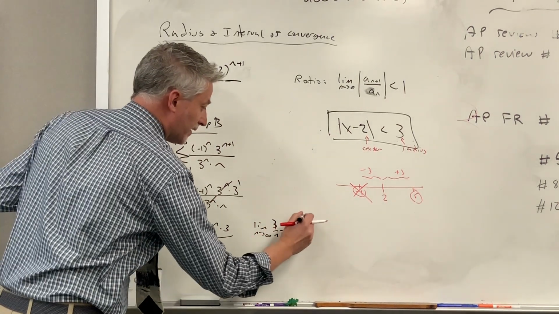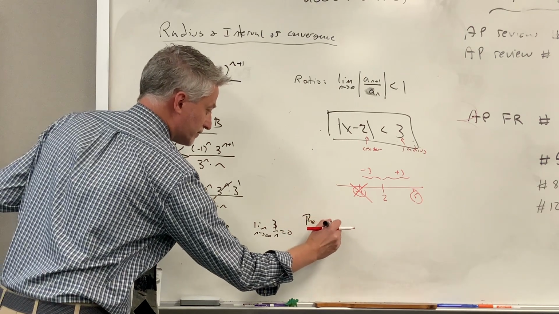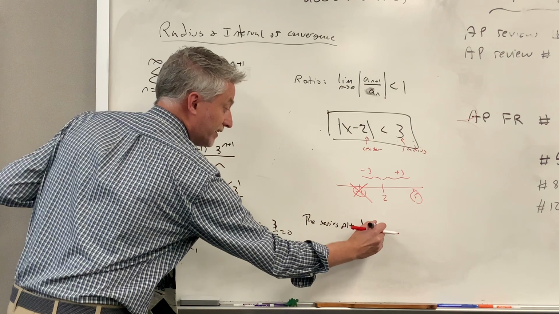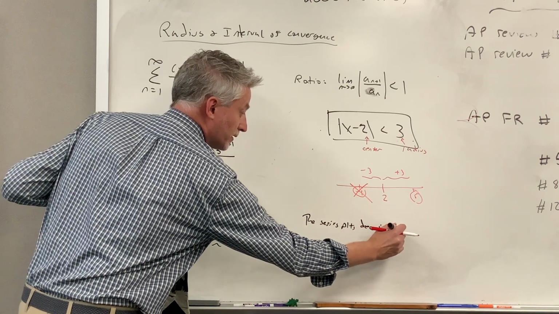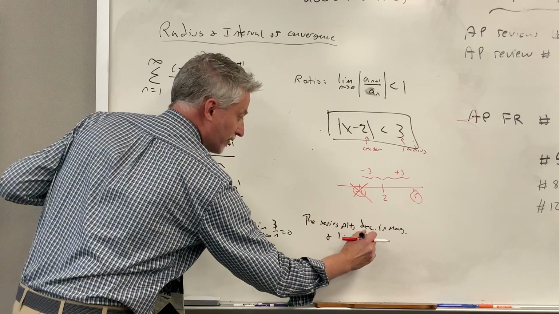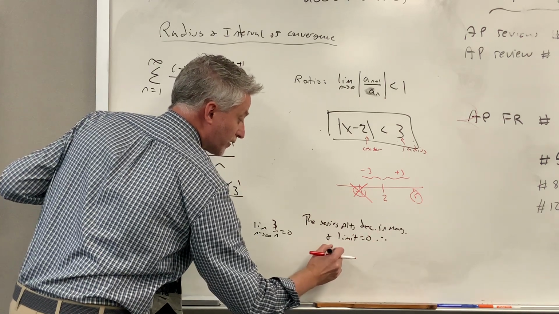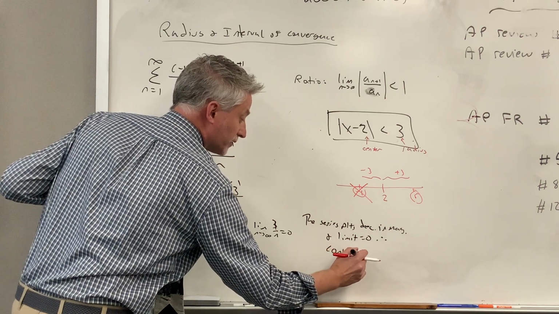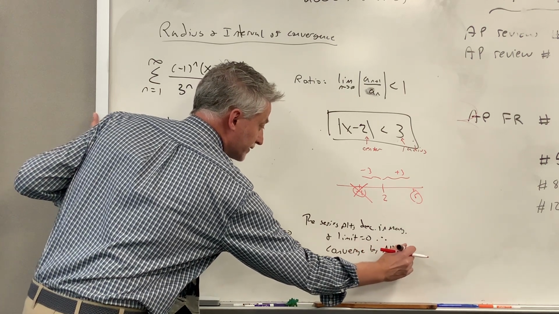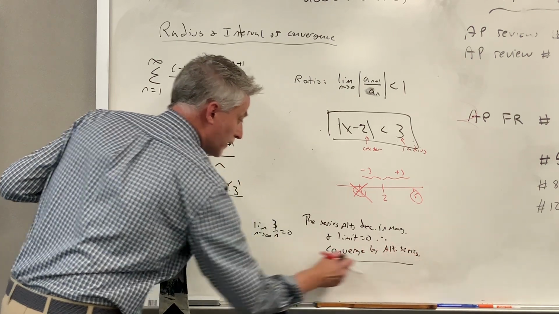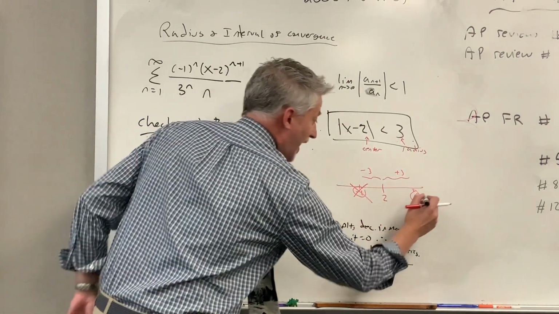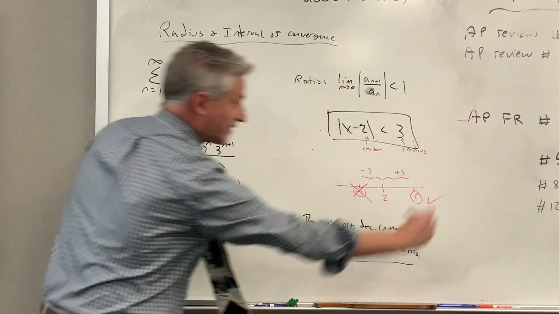So we would say the series alternates, decreases in magnitude, and the limit equals 0. Therefore, this is going to converge by alternating series. Boom. So, -1 didn't work, but 5 checks out.